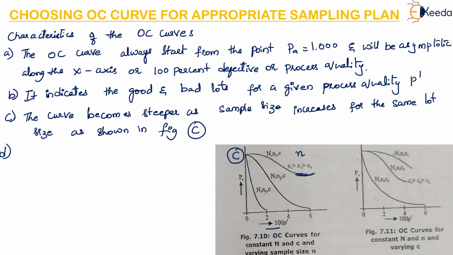The next point says that as the acceptance number C increases with the lot and the sample size n is kept constant, the OC curve again becomes steep, as shown in figure D. Here we can see how the curve changes with the increase in the acceptance number.